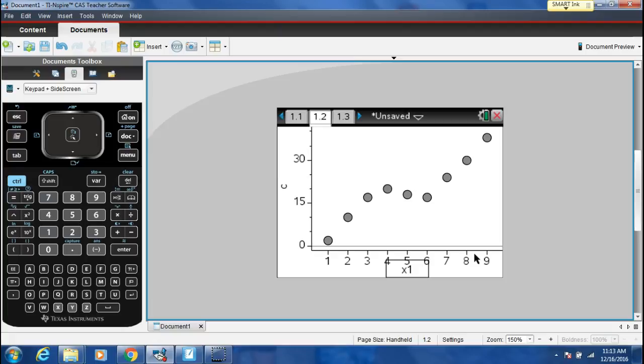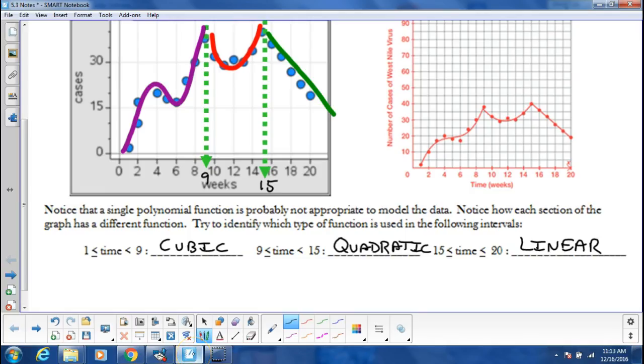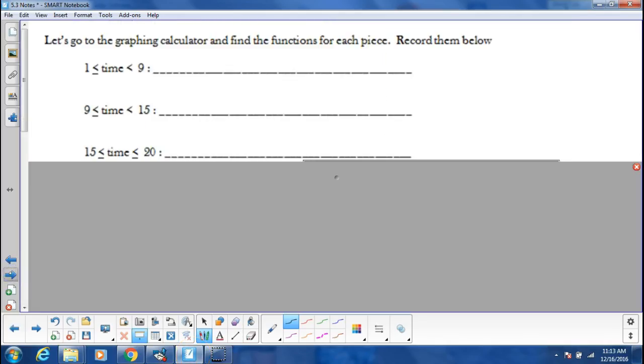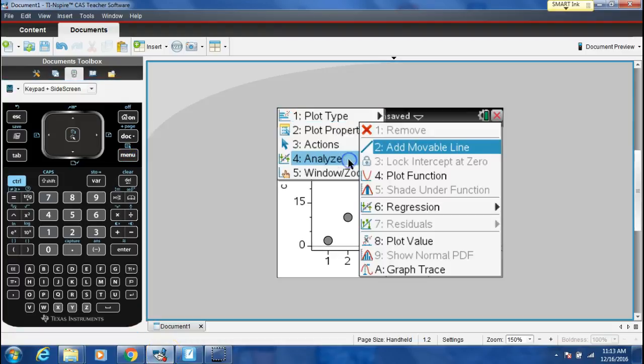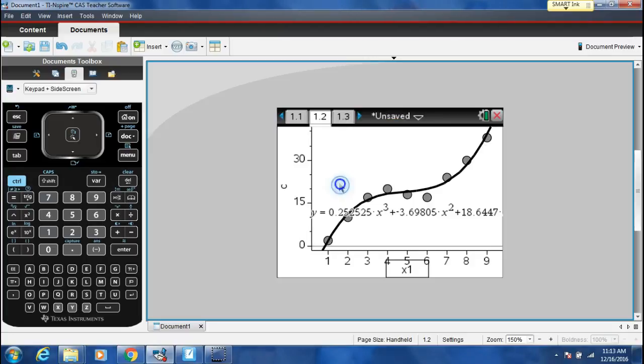So there now is just the cubic part. Down here on the next line, it says fill in the function for each one. So what we need to do now is find that cubic regression for just this part. And there it is.